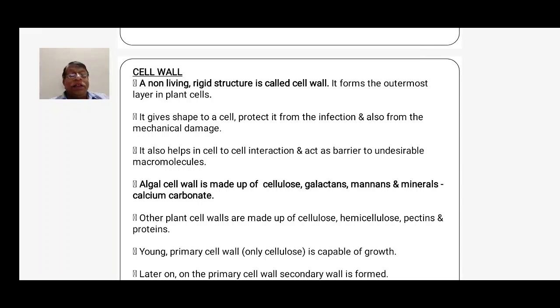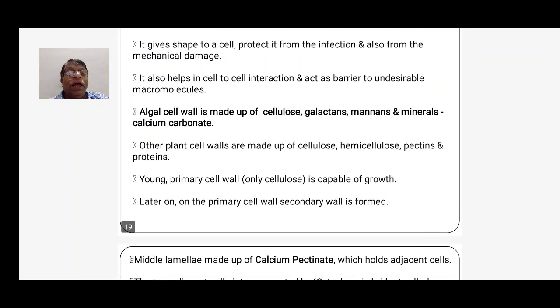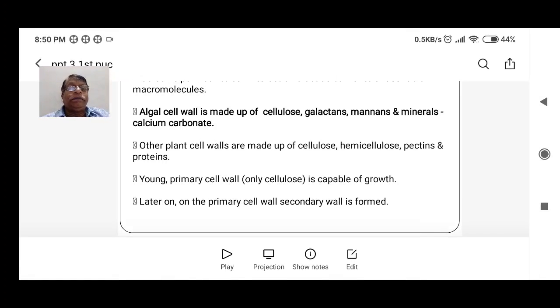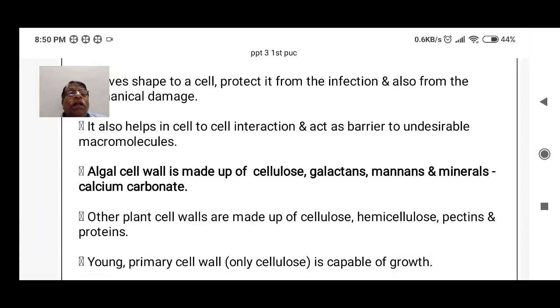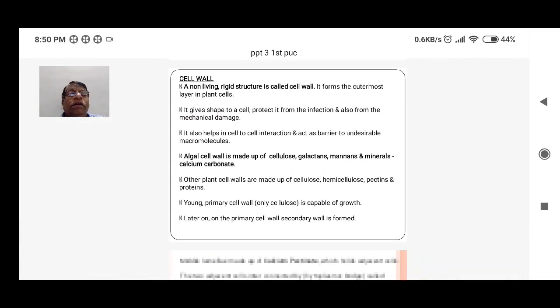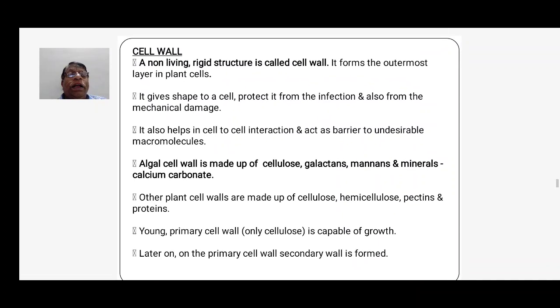Next, the two adjacent cells are separated by what is known as the middle lamella. The two neighboring cells are separated by the middle lamella.